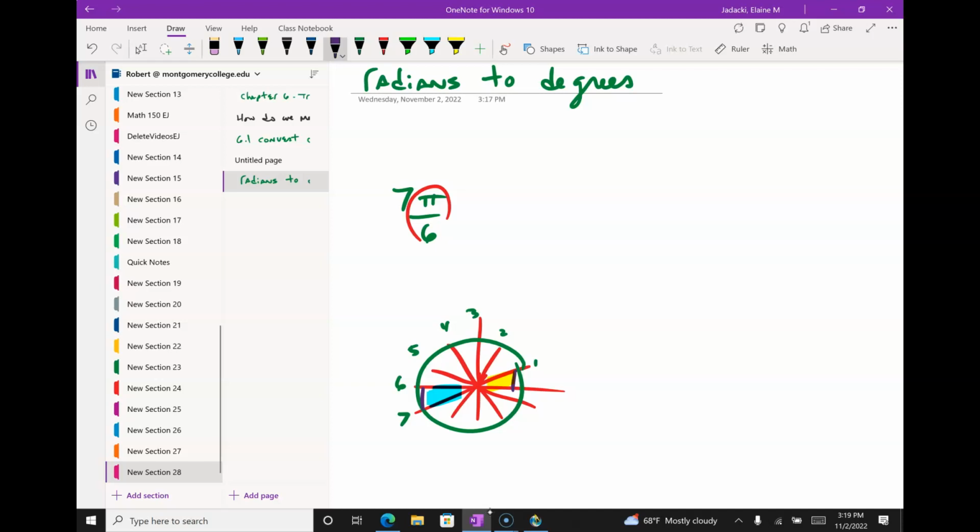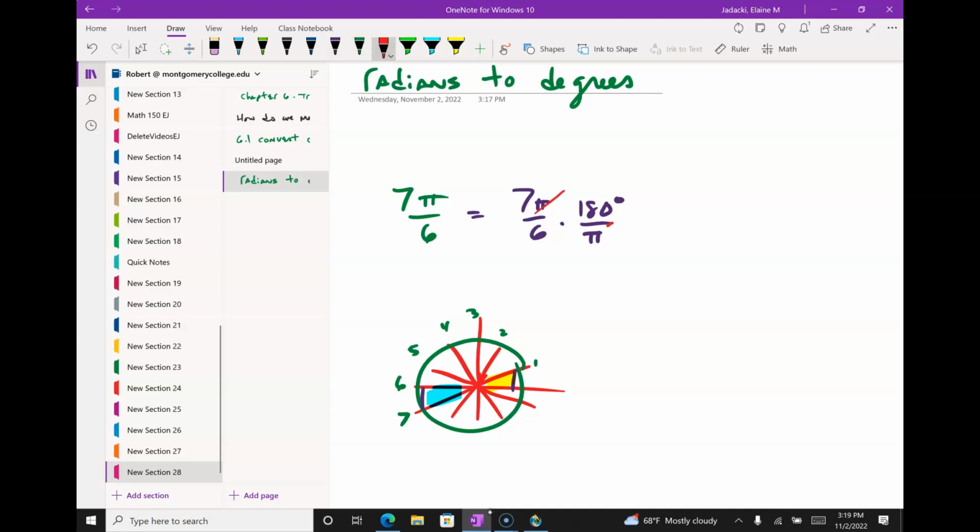That'll make a little more sense later. Let's convert it. This is equal to 7 pi over 6 times 180 degrees over pi. Again, it's understood to be radians, but do you see what cancels here? The pi's cancel.